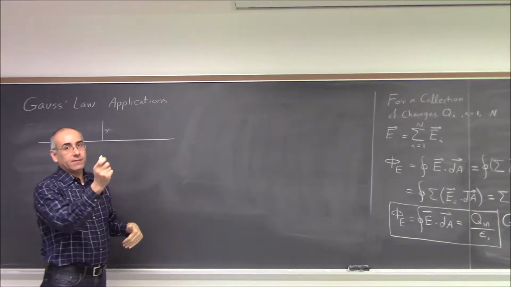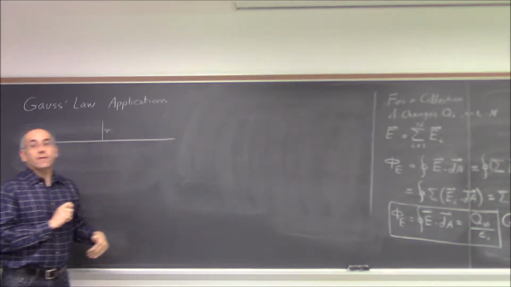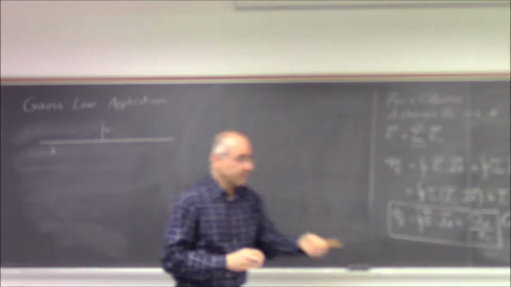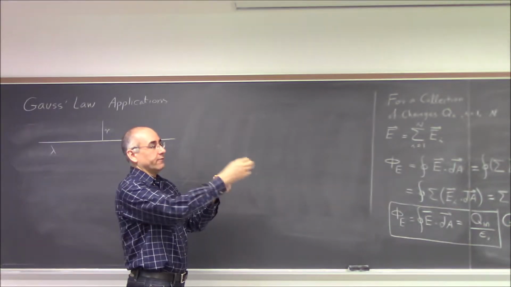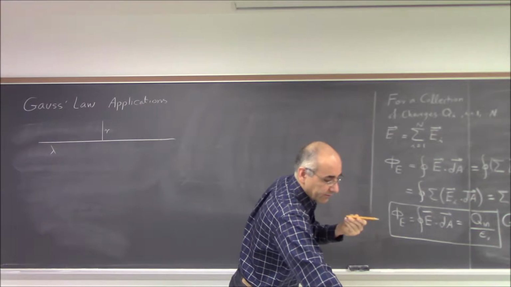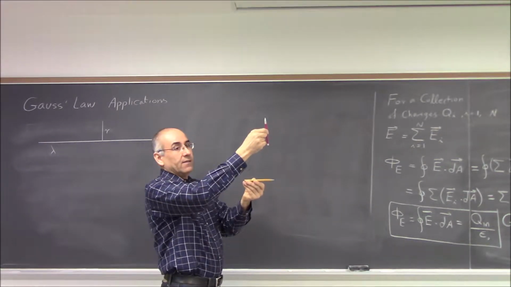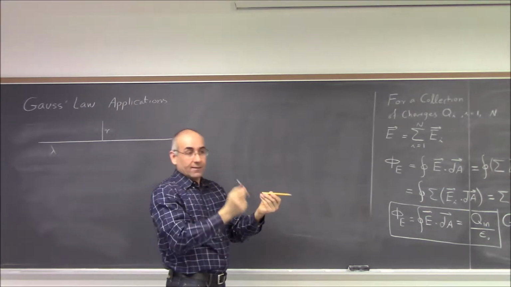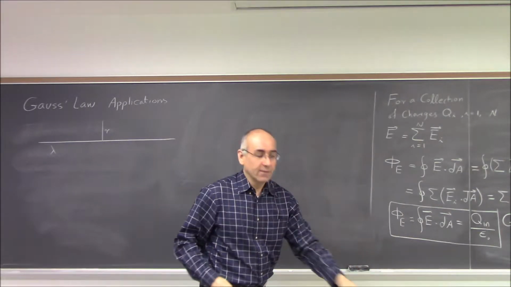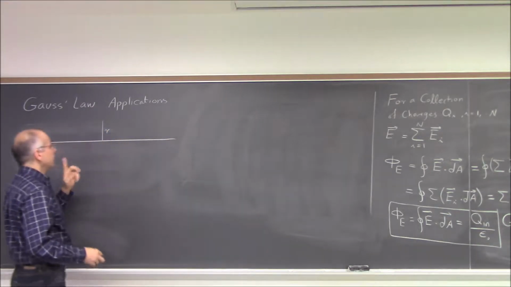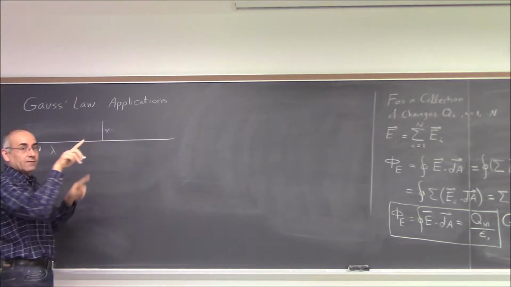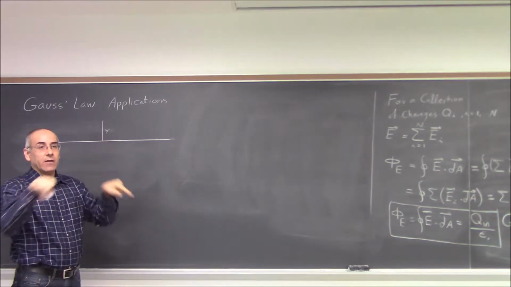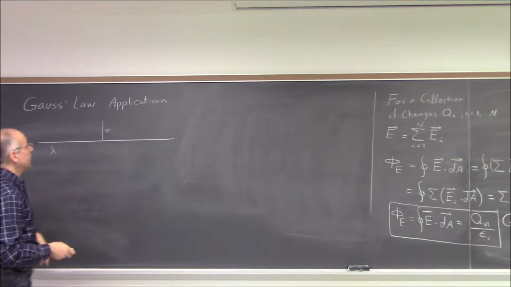It cannot have any azimuthal component, because if it has an azimuthal component, it breaks the symmetry. So if this is the line of charge, and the electric field at this point is like that, this distinguishes this direction from the other direction. So that breaks the symmetry. So because we have symmetry, we know that at any point around this line of charge, the electric field is radially outward from the line.